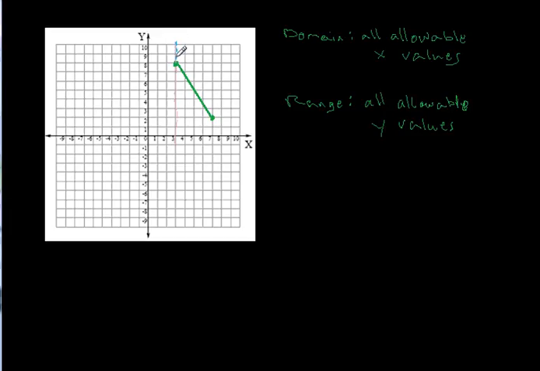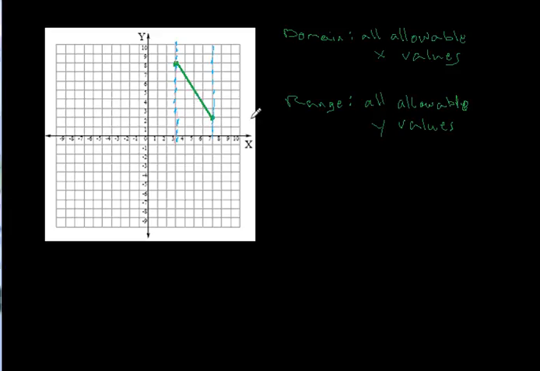So where x equals 3, and I'm just doing dashed lines here, yes, 3 would be a part of my domain. And if I moved all the way along, all the x values work until I get to my 7. And 7 is the last value within this interval that is an allowable value for the domain.